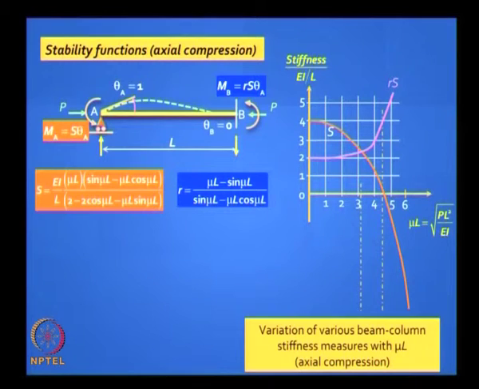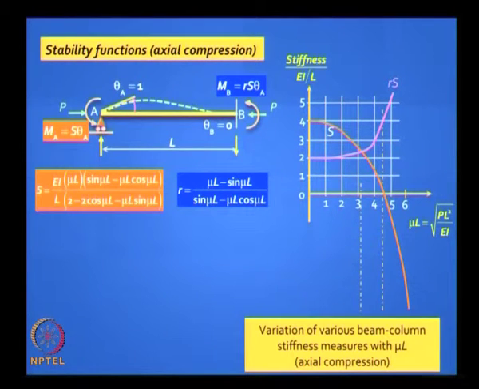So if you recall in the last class, this is how those parameters S and R vary. You can see that S starts with the value of 4 EI by L, and it can drop down to 0 when you have a high value of mu L. Mu L is the measure of the load P normalized with respect to L squared by EI.